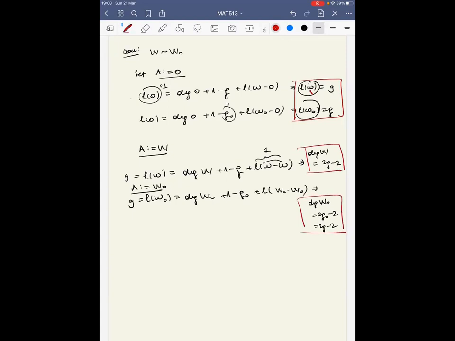And finally, to see that they are equivalent, we consider the divisor that is the difference of these two divisors W and W0, because we know that in this case, if they have the same degree, this divisor has degree 0.